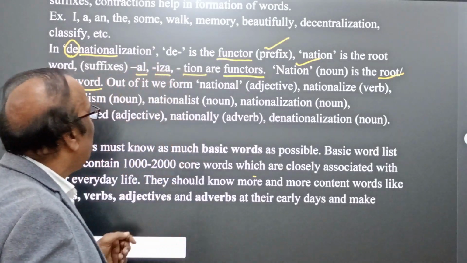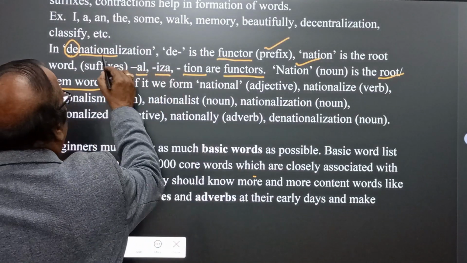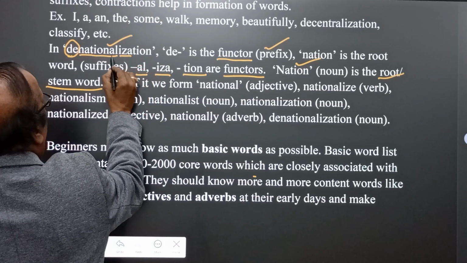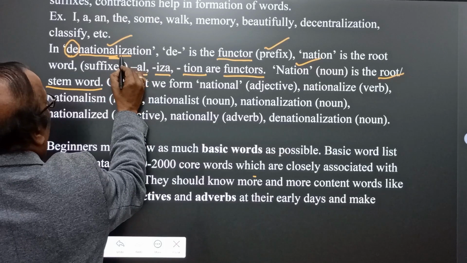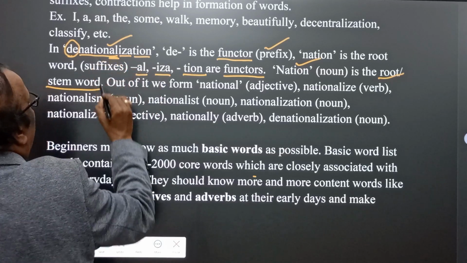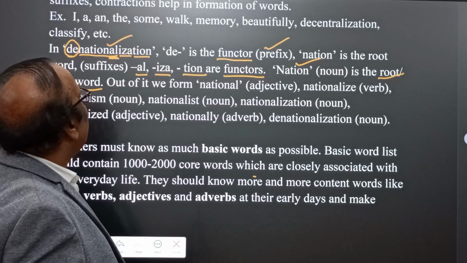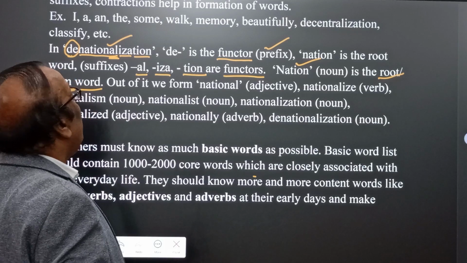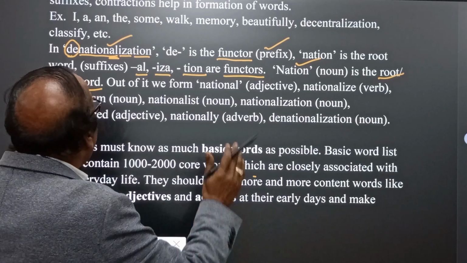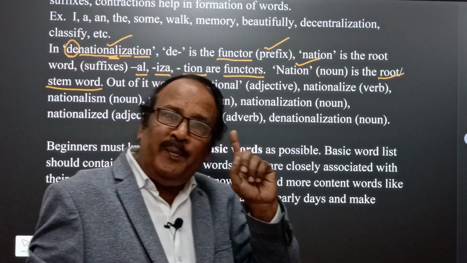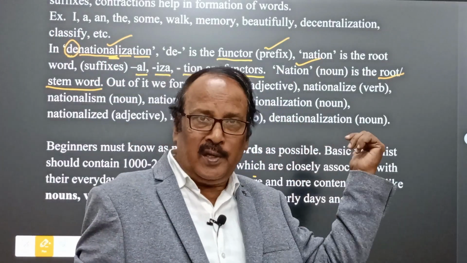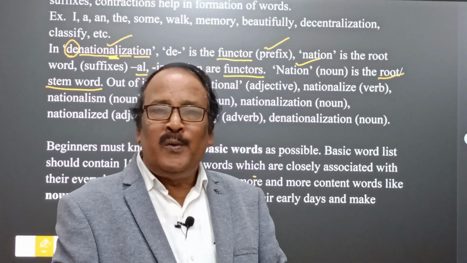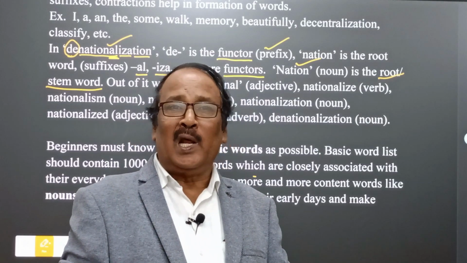Here in this word, nation is the root word, and all, IZA, and son are the suffixes. With one prefix and three suffixes, we get the word denationalization, which is the opposite of nationalization.